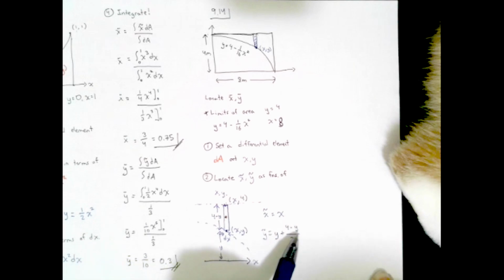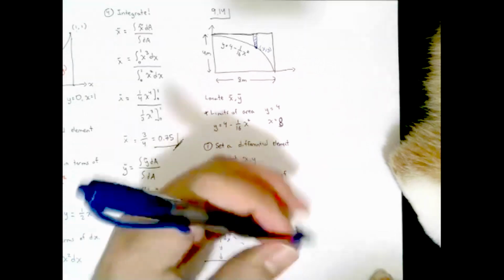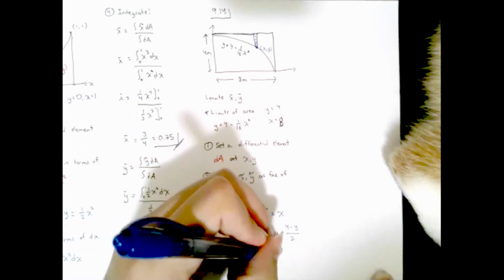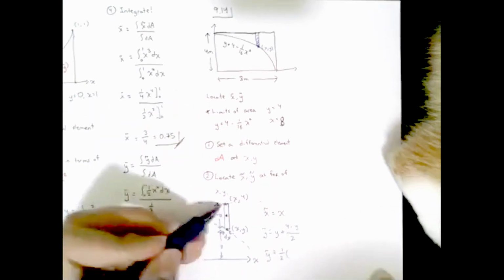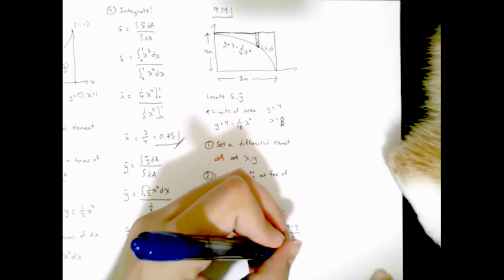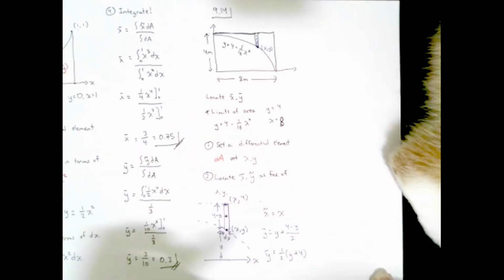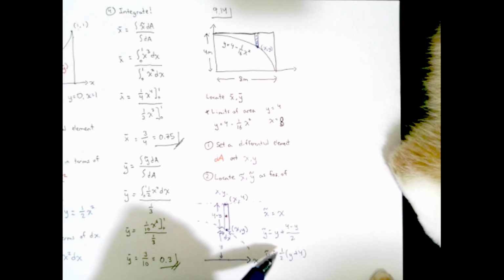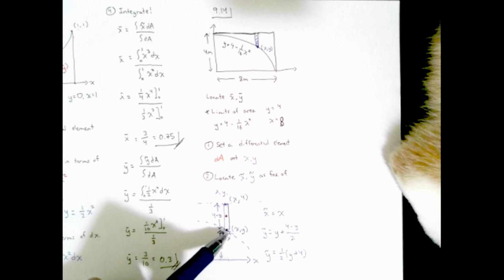So if you were to just solve this equation, you would get that y squiggly in this case would be equal to 1/2 y plus 4. Yes, it'll be 1/2 y plus 4, which is simply the midpoint between y and 4.